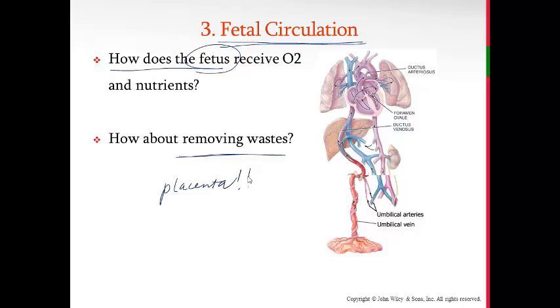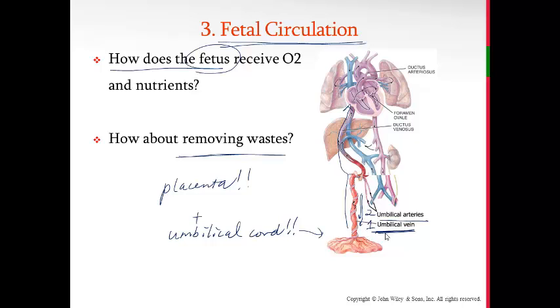And with the help of specifically the umbilical cord as well. So if you take a look over here, here is the placenta. Now we have one umbilical vein that's going towards the fetal heart. Okay, and we have two umbilical arteries that are returning away from the fetal heart.